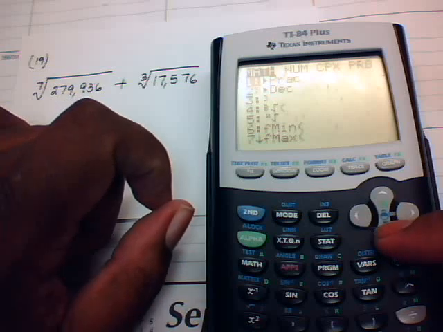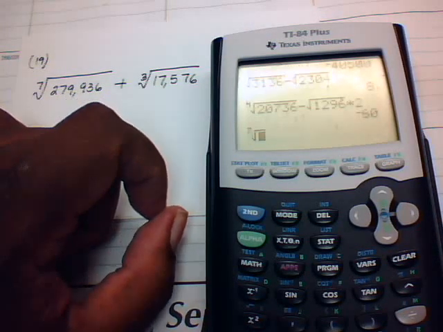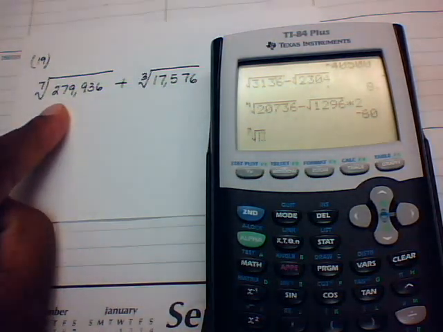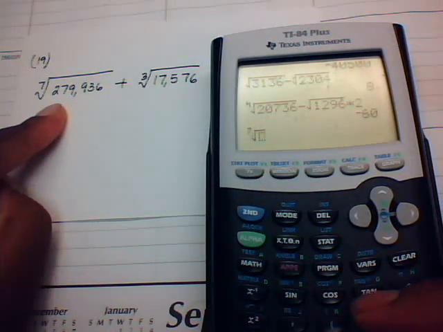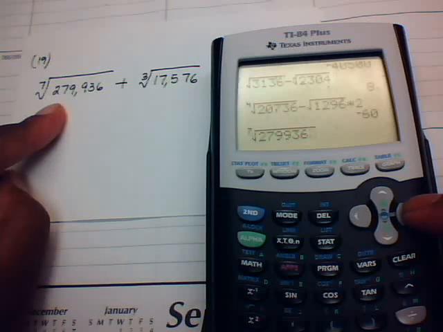That's the one we want. Then hit enter. Notice it puts it as the seventh root of, and then we type in 279,936. Then hit your right arrow key to get out from underneath that radical.